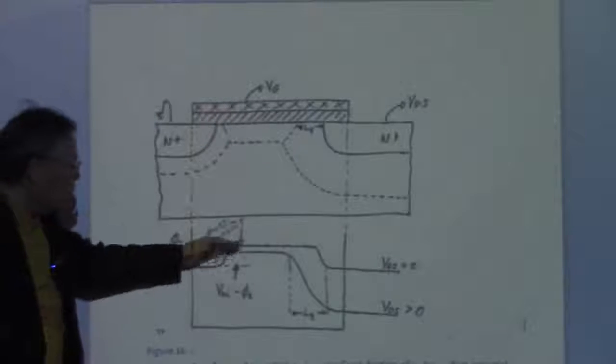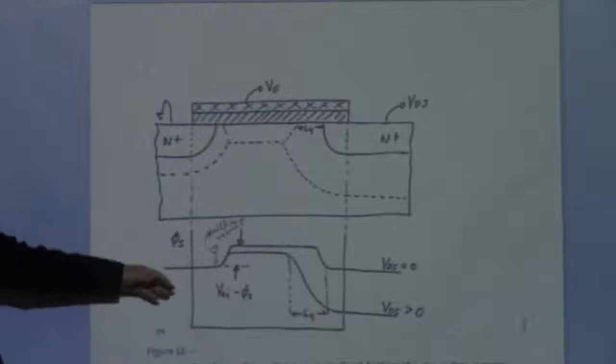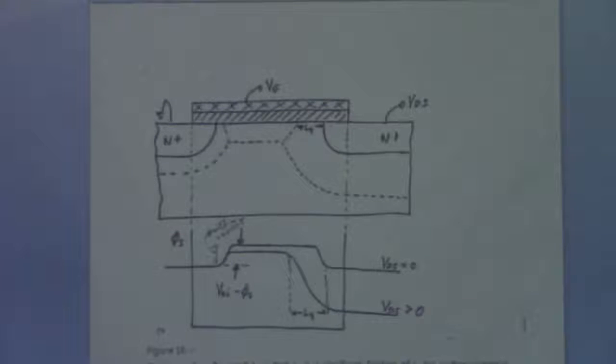We call that the drain-induced barrier lowering. Okay, and that is pretty much related to the geometric effect. But anyway, we're going to discuss the DIBL shortly in the next chapter, on the electrical properties.